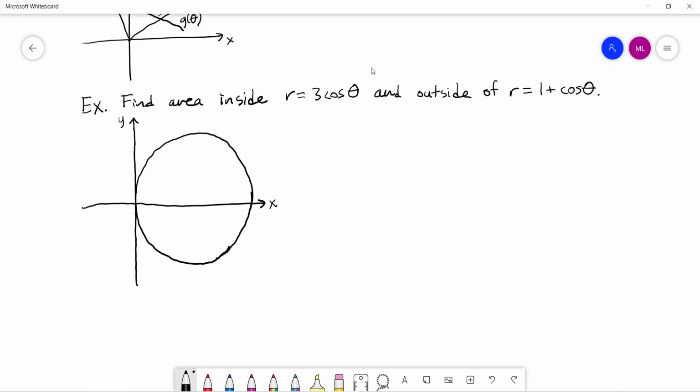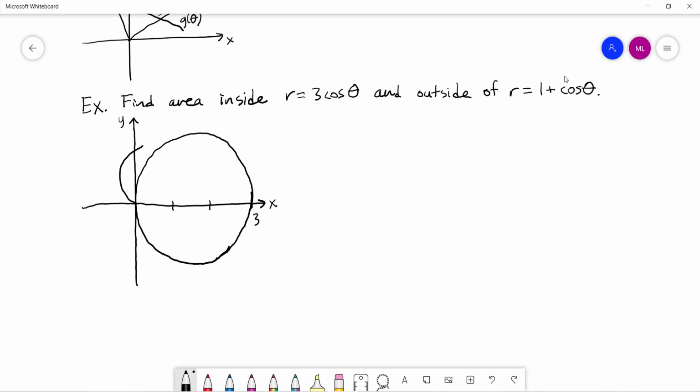That is, again, a terribly drawn circle, and its diameter is 3. And this other shape, when we have 1 plus, it winds up distorting the circle. And in this case, we get something that looks like this. It's called a cardioid, and it's going to basically go through this point right here, back like this.